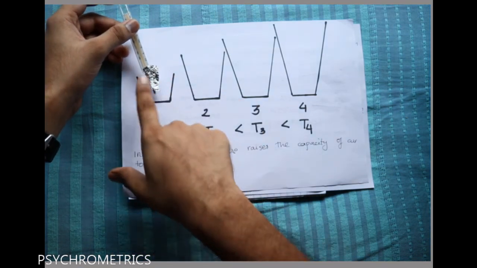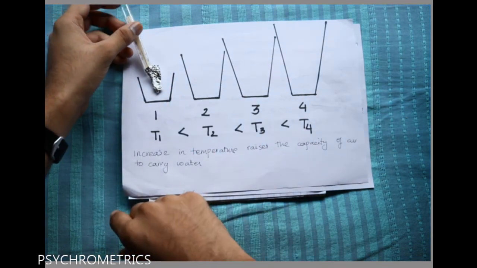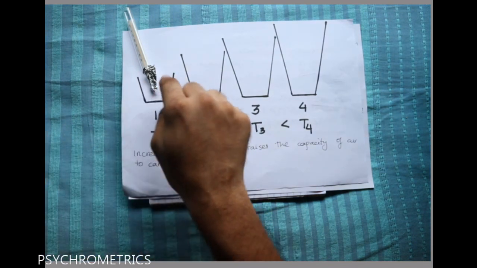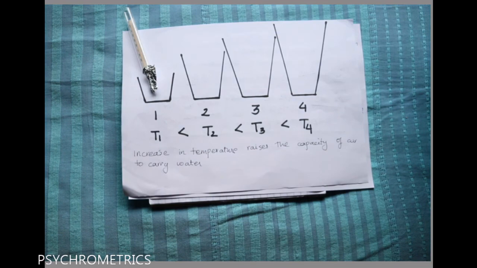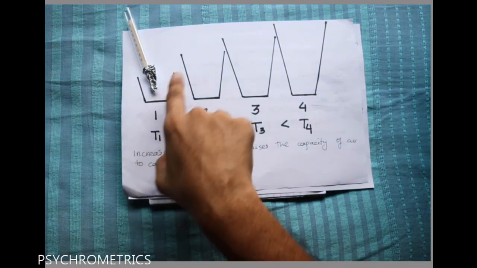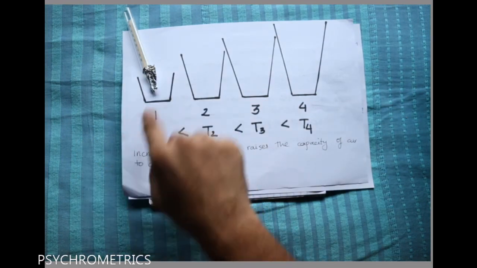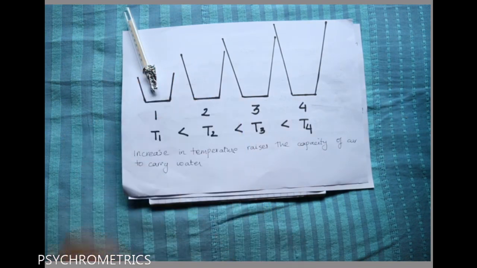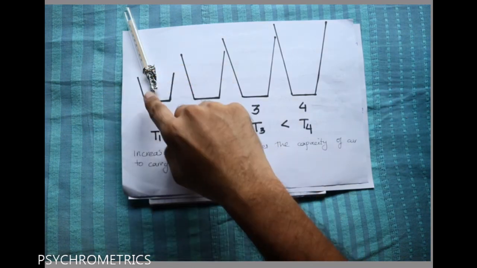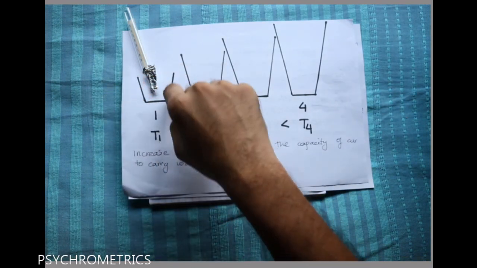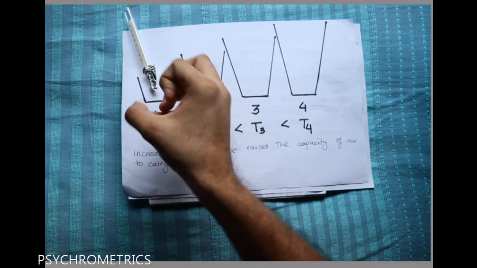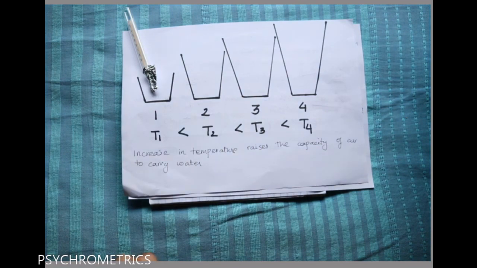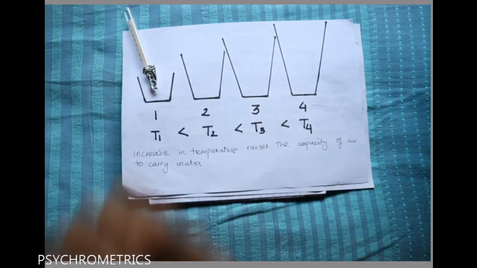The amount of water vapor that is coming off this bulb and going into the atmosphere is going to be inversely proportionate to the amount of water vapor already present in the atmosphere. So if there's less water vapor in the atmosphere, it's going to aggressively pull more water vapor from this bulb, which is going to cause its temperature to reduce further.